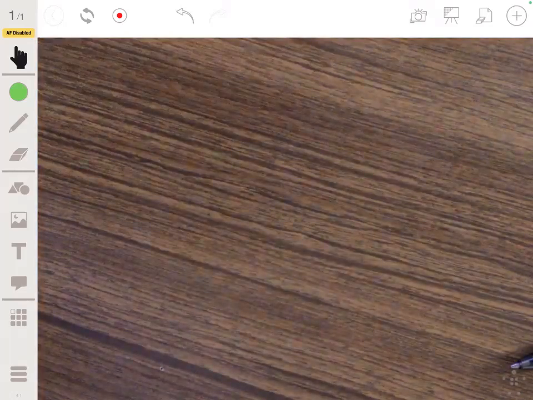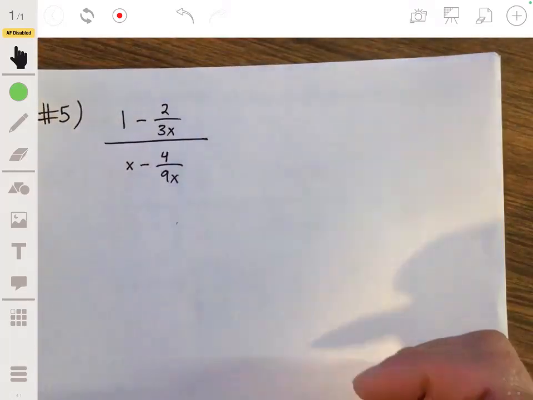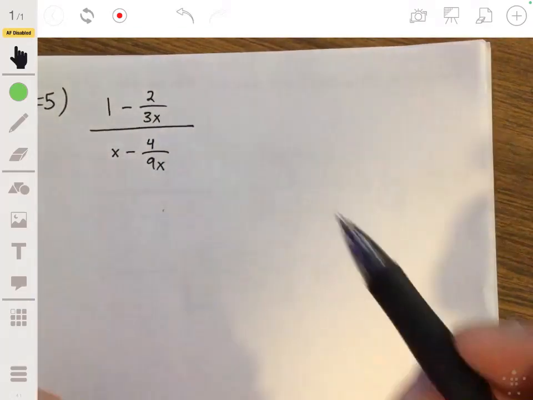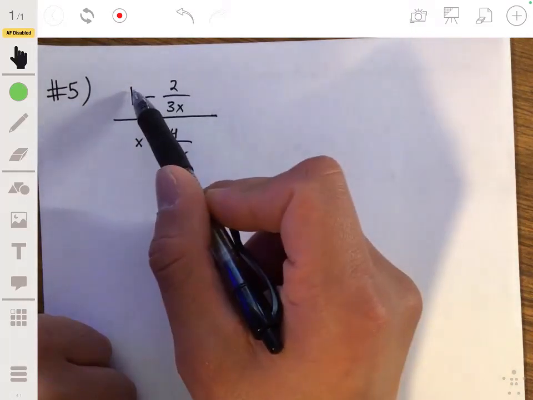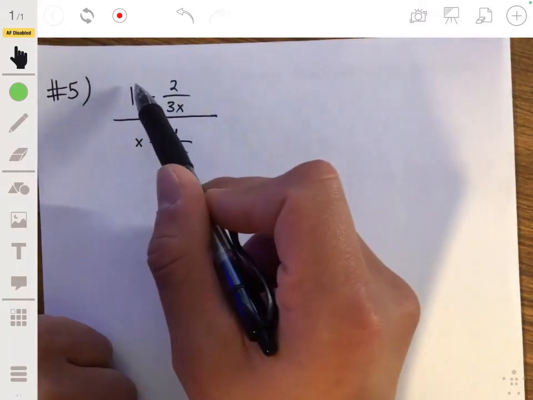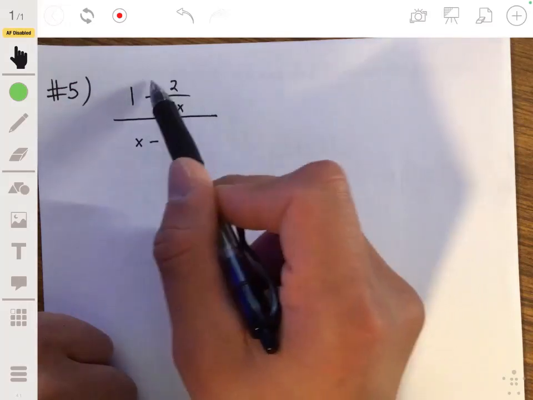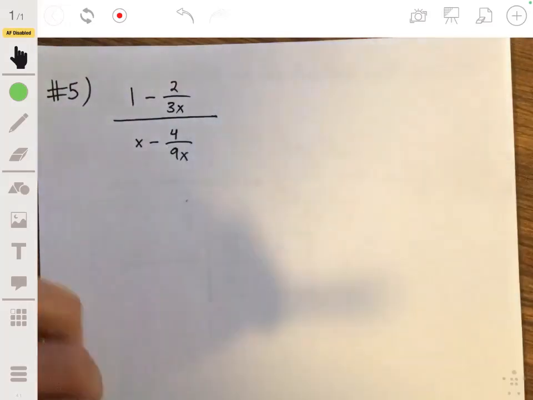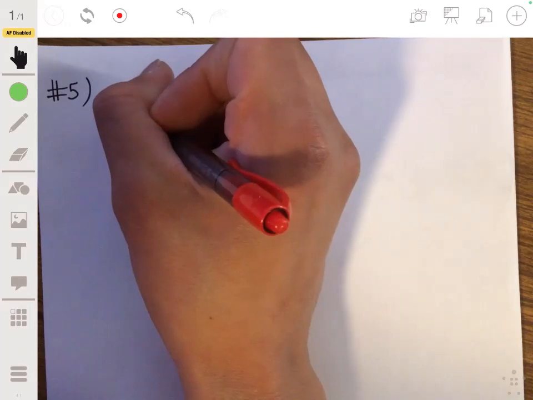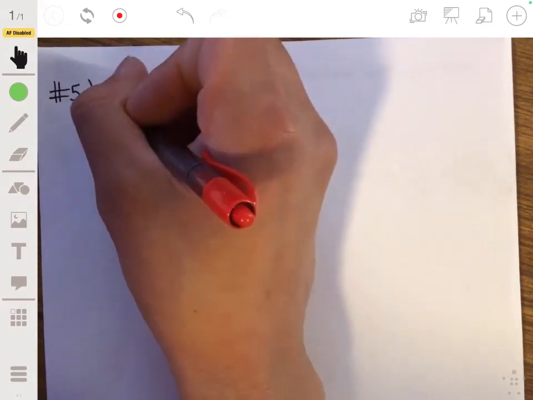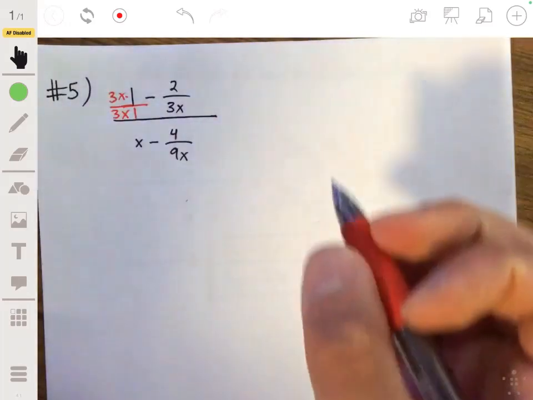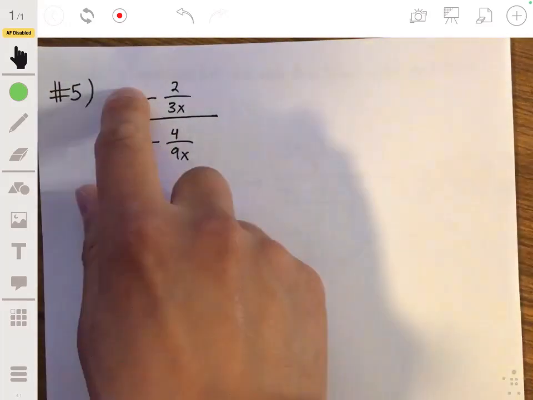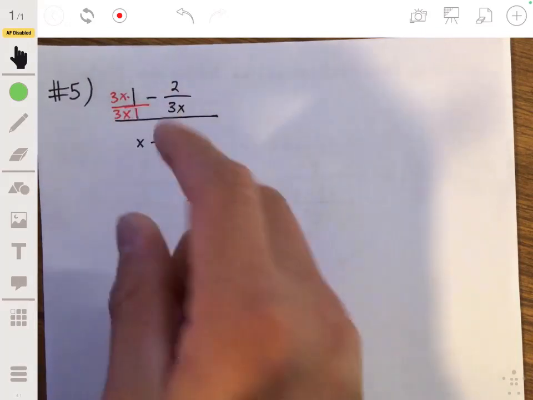All right, let's look at another one. Okay, so for this one, we're going to first make the denominator of the numerator of the top 3x. So we're going to multiply this 1, which is just like a 1 over 1, by 3x over 3x. And then you get 3x minus 2 all over 3x.